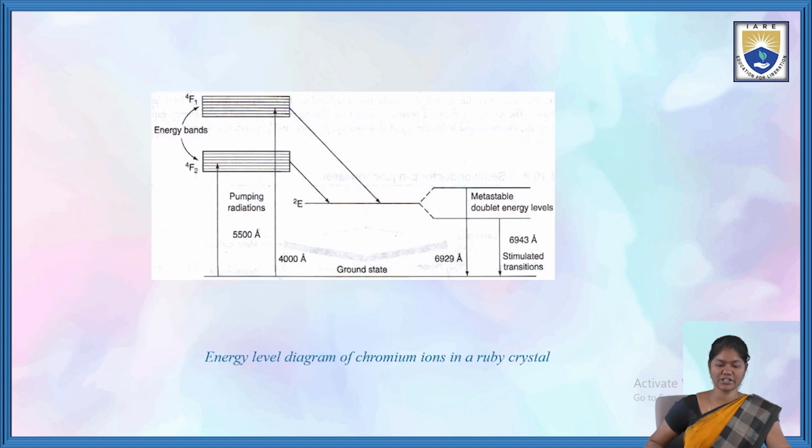So this is the energy level diagram of the ruby crystal, a 3-level system. Chromium is excited to the higher energy state E3. After its lifetime at E3, it spontaneously transits to the lower energy level E2, which is a metastable state.